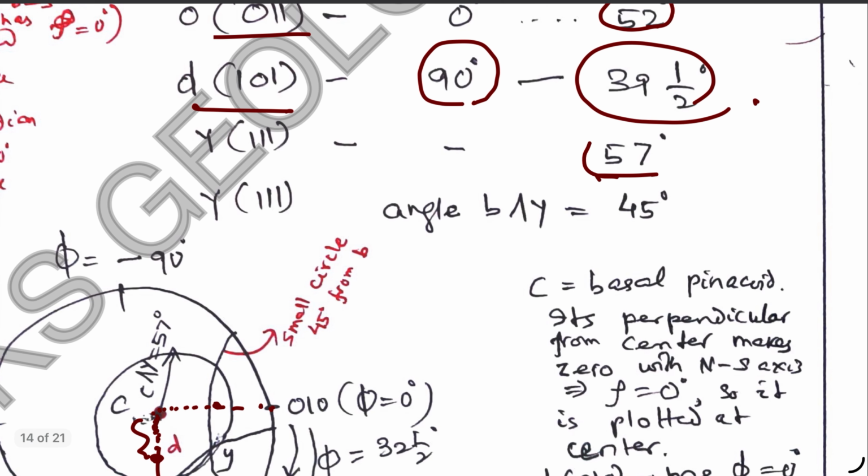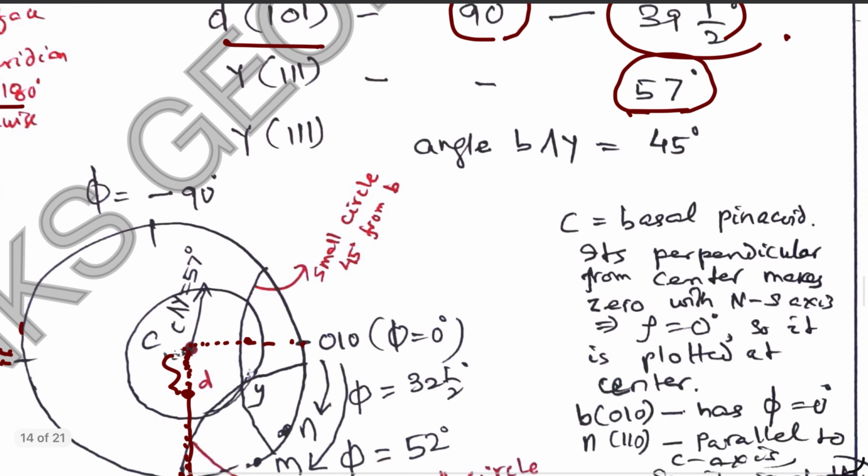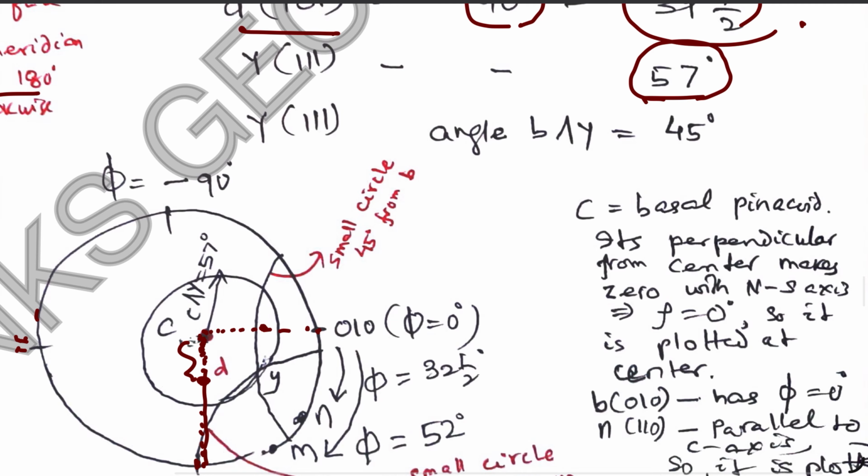We take this 57 degree circle, it makes 57 degree with C. So a circle is drawn having angle 57 degree. Somewhere on this circle the face Y is located. So we have to take other two reference circles so that we can find a point of intersection.